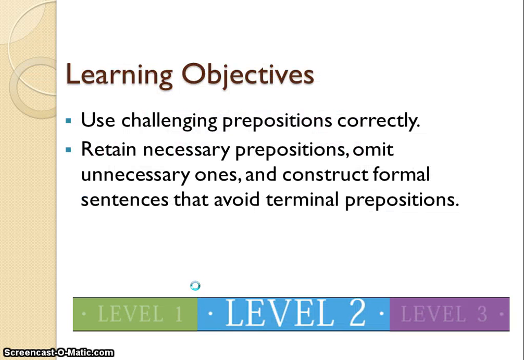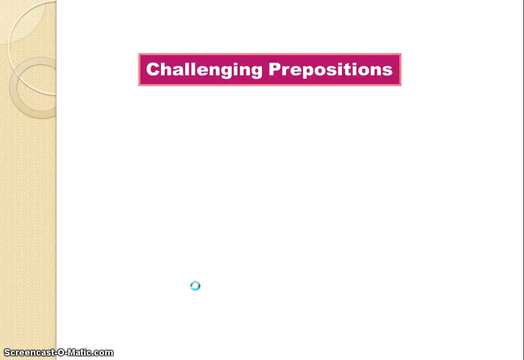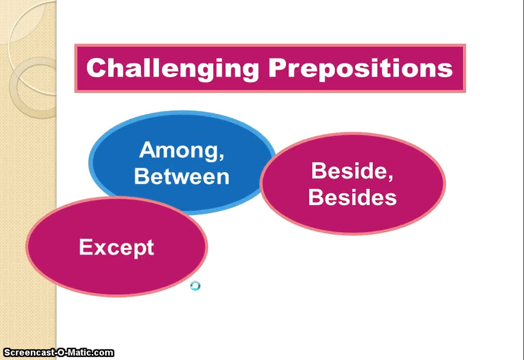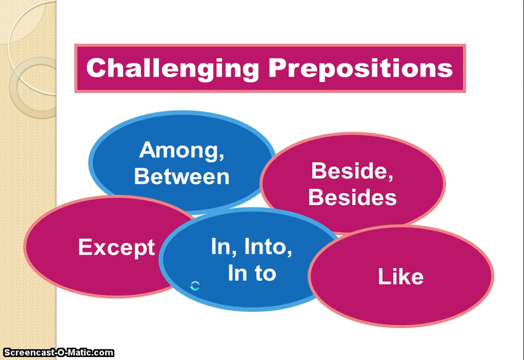Okay, we're going to talk about challenging prepositions and how to use them correctly, and then we're going to retain necessary prepositions and omit unnecessary ones, and construct formal sentences that avoid terminal prepositions. Sounds like a lot, but it's not. Okay, so here's some of the categories of the challenging prepositions that we're going to talk about.